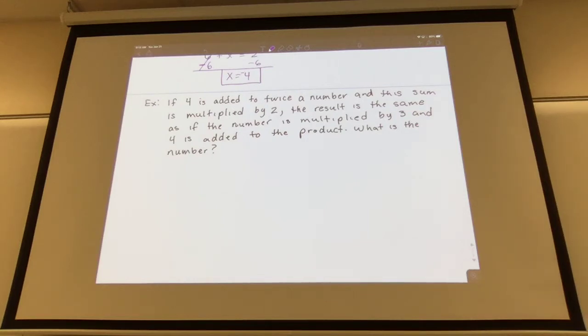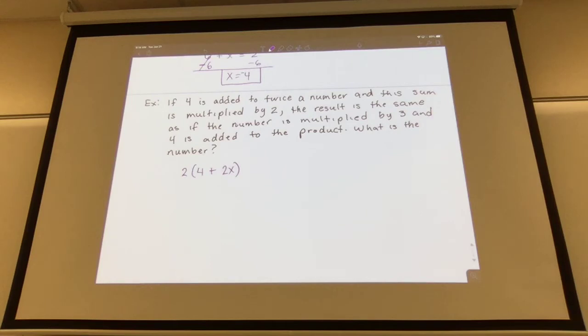If 4 is added to twice a number, and this sum is multiplied by 2. Stop me if you have questions on where we're going.